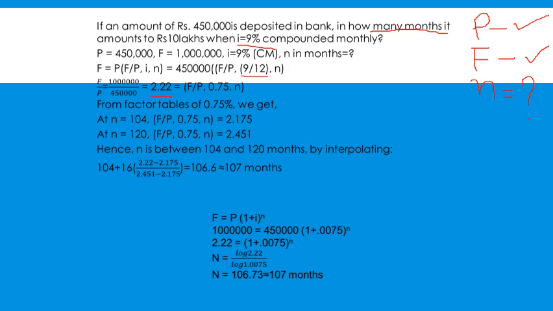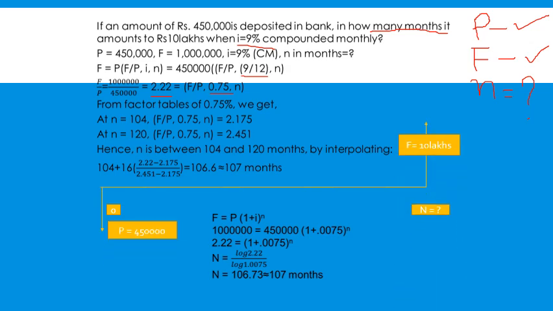And n becomes 12n, and whatever final answer you get, that is nothing but 12n, not just n. You remember that. So 9 by 12 is nothing but 0.75, that is 0.75%. When you substitute, we get n is equal to 104 from the factor table. See, first let me draw the cash flow diagram.